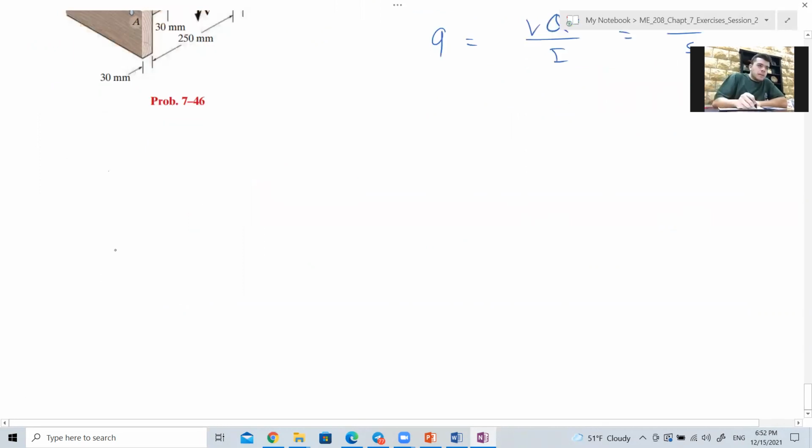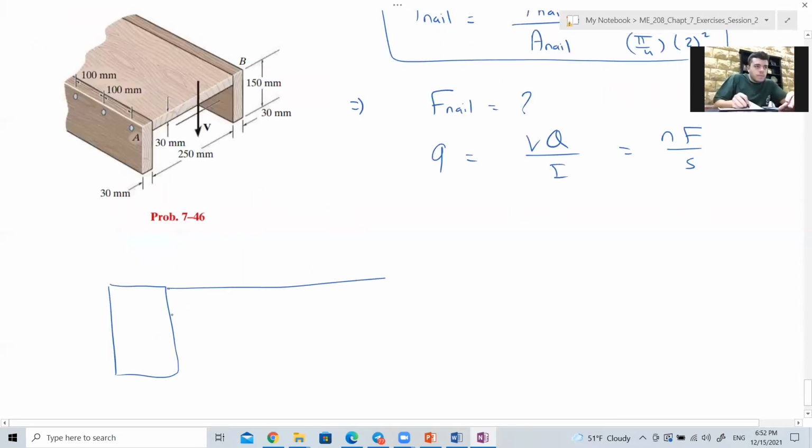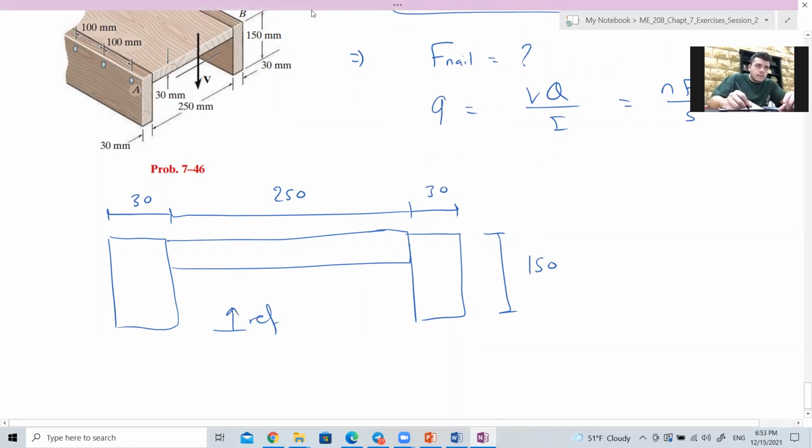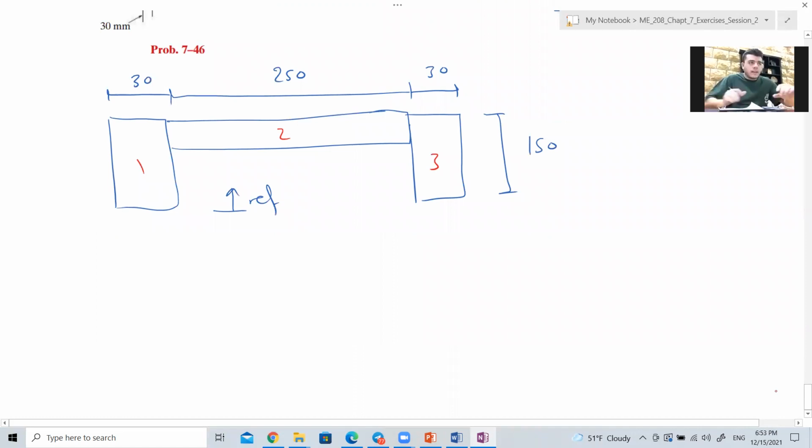We first need to draw the cross section like this. This is 150, this is 30. This whole is 250, and this is 30. We specify a reference from the bottom and divide our section into 1, 2, 3. I'll calculate the centroid right away.